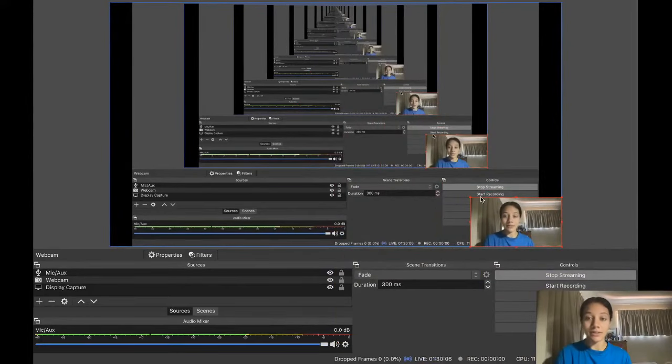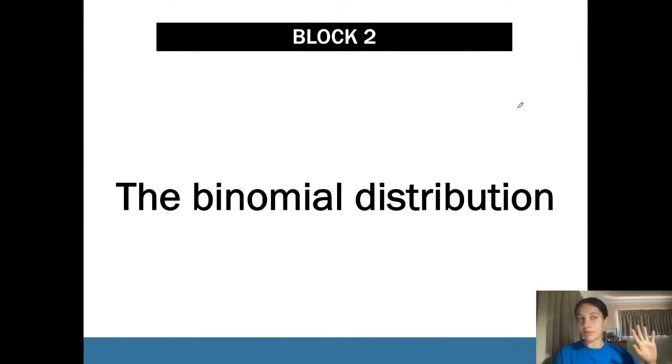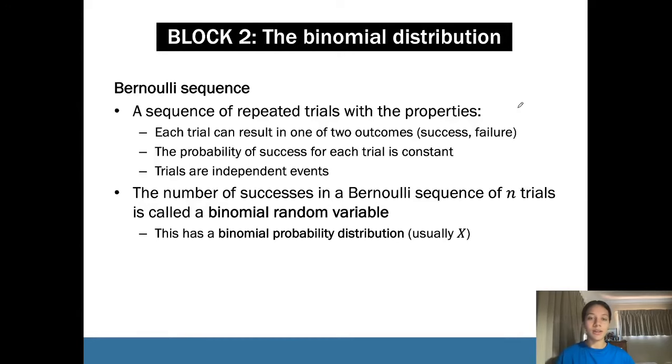Hopefully we'll get a broad idea of the different types of distributions and stats we'll be using in Unit 4, and this will be good revision for you as well.